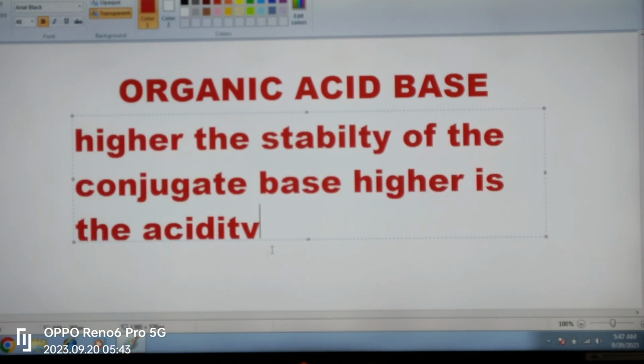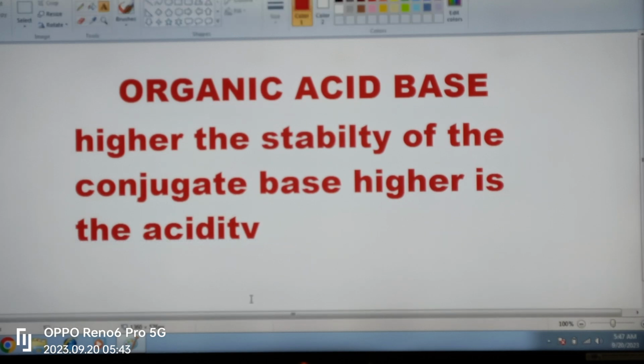This is a very simple point, and you can remember it easily by considering chemical equilibrium. If you know chemical equilibrium, then you can easily explain. So higher the stability of the conjugate base, higher is the acidity.